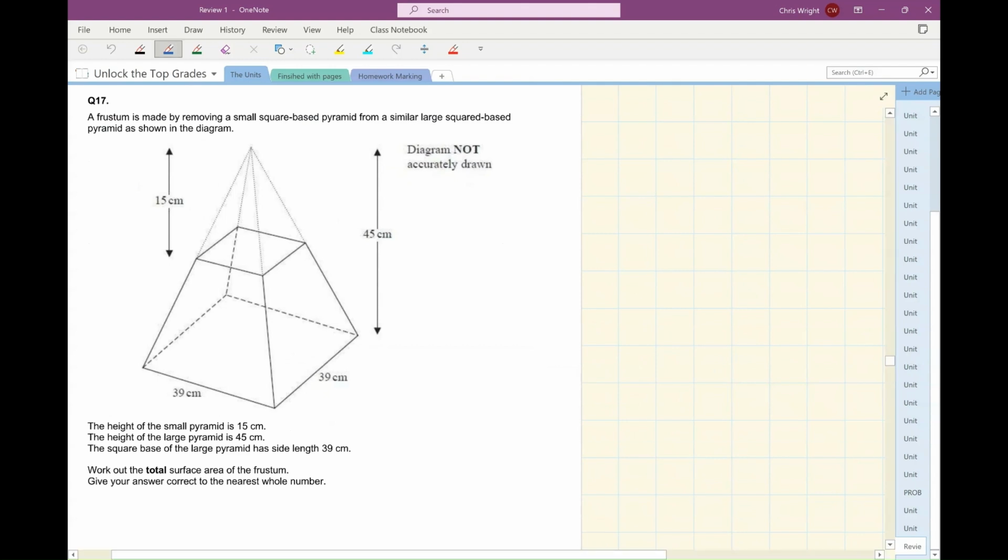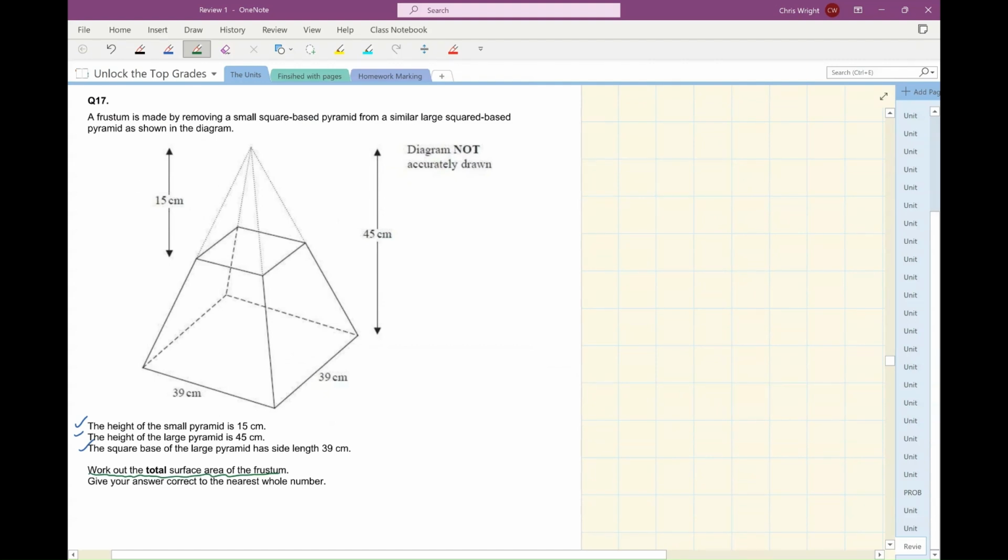It's had its top cut off, and the top, which is being cut off, is a small square-based pyramid. The height of the small pyramid is 15, that's marked on the diagram. The height of the large pyramid is 45, that's marked on the diagram. The square base of the large pyramid has side length 39, that's marked on the diagram. Work out the total surface area of the frustum. Give your answer correct to the nearest whole number.